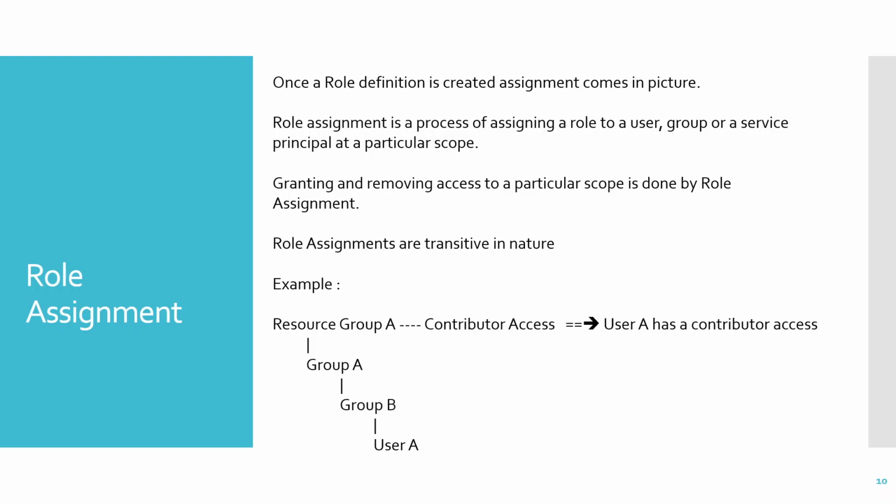Now granting and removing access to a particular scope is done by role assignment. We have already discussed that. Now, role assignments are transitive in nature. So what it means is, let's take an example.